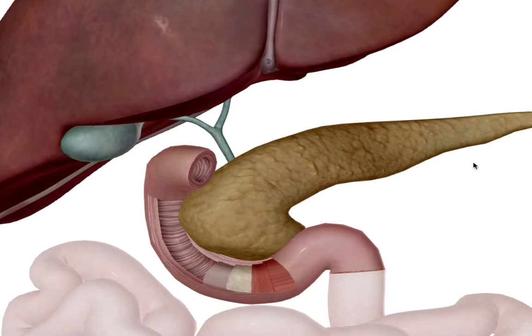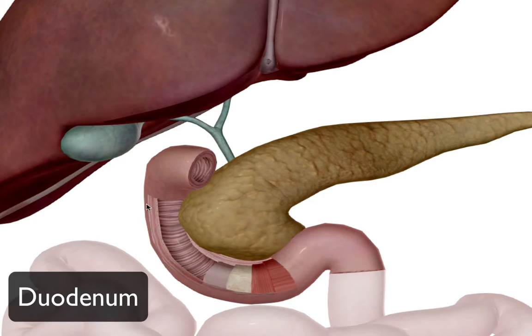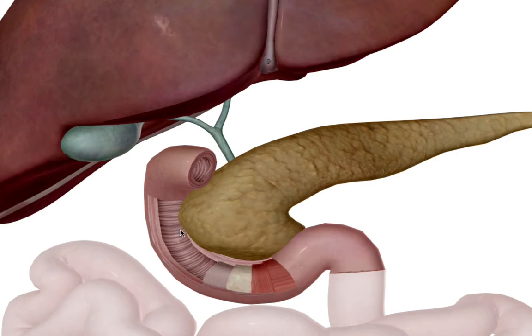So I had my stomach here, and I removed my stomach, and I have here my duodenum. Remember, your duodenum is the most proximal aspect of the small intestine, so it's right after the stomach. The stomach produces very acidic gastric juices, and that incredibly acidic gastric juice goes now into your small intestine.